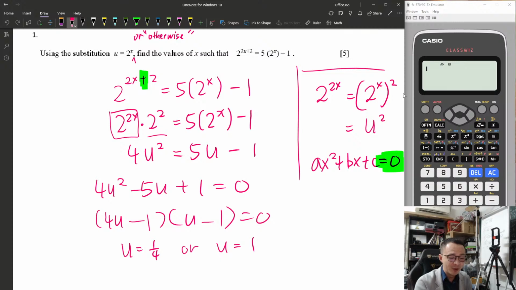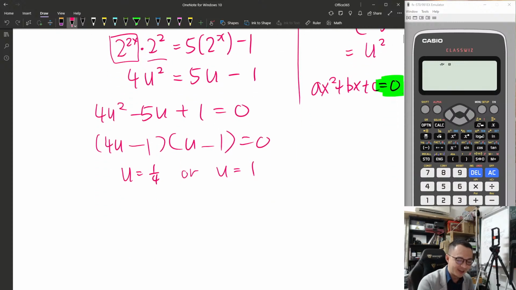But remember, we are not finding u. They ask us to find the value of x. Therefore, we need to sub back what our u is. Our u is basically 2 power of x, isn't it? So 2 power of x equals 1 over 4, and 2 power of x equals 1. I love 1 because 1 is the magical number in indices.